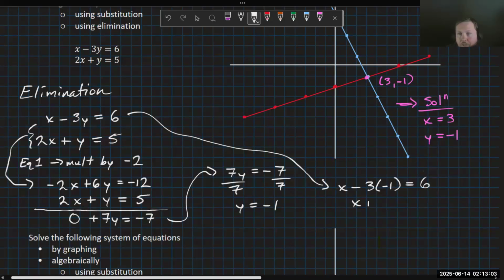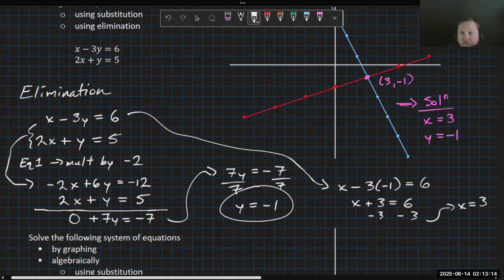So I have x plus 3 is equal to 6. Subtract the 3 from both sides, and we have x is equal to 3. So now I've gotten x is equal to 3 and y is equal to -1 in 3 different ways.